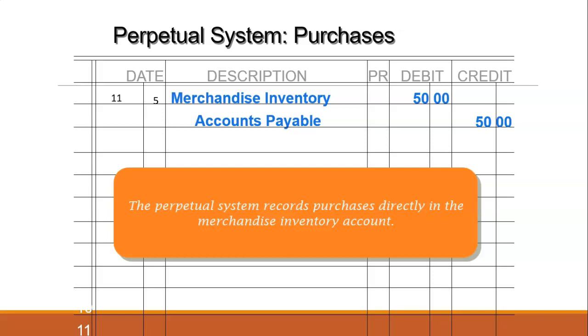Now, this is a journal entry example that came from the previous video. It shows that on November 5th, we're debiting inventory and crediting accounts payable for the $50.